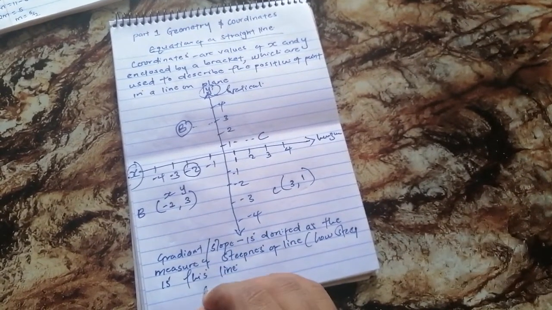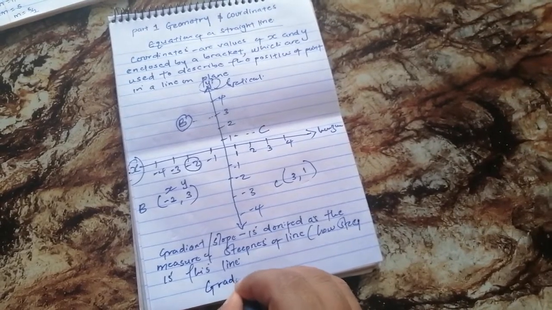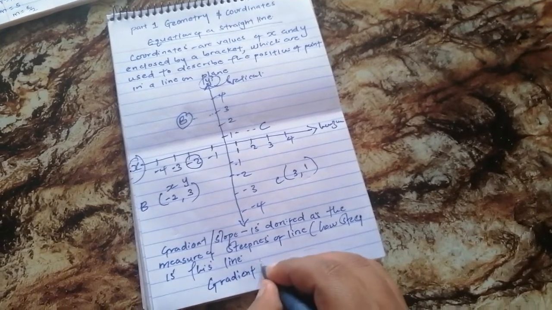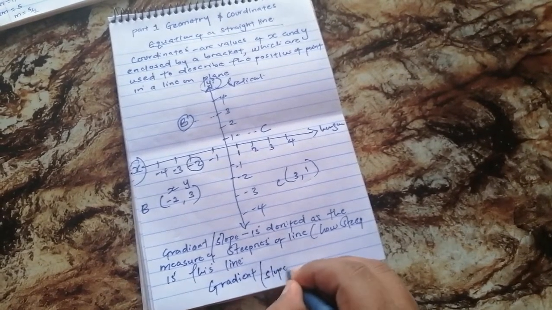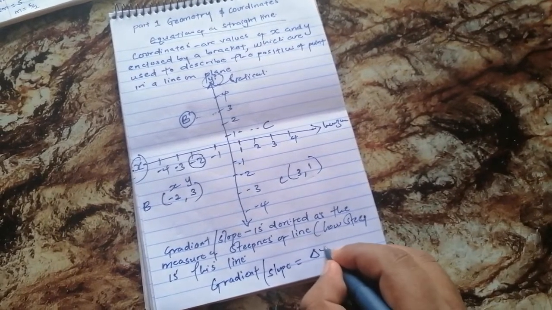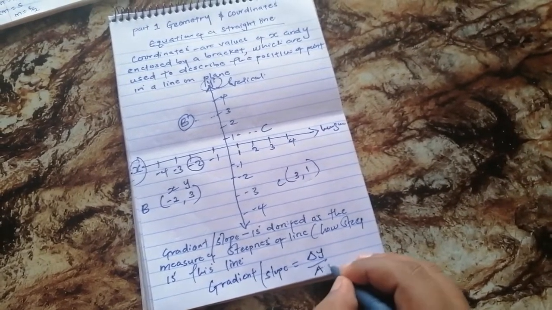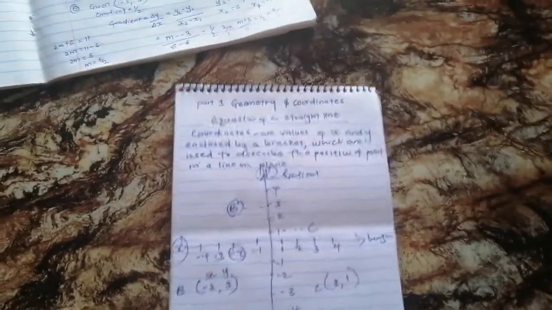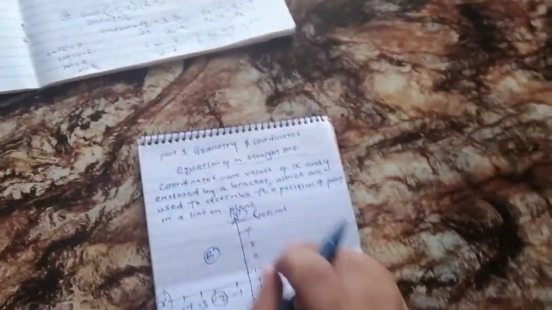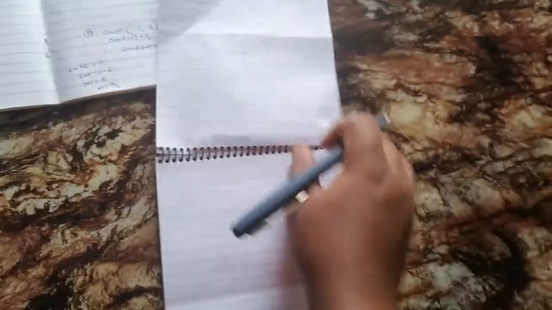So to get this gradient, what are you going to do? Gradient, or what we call slope, is equal to change in y over change in x.